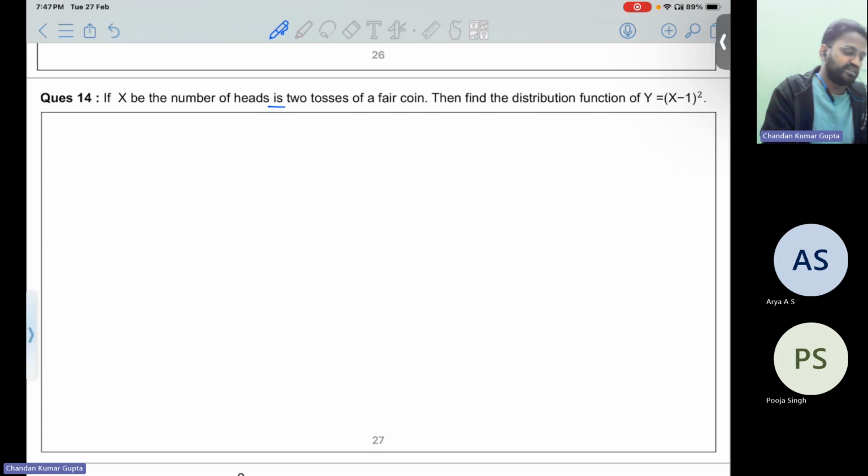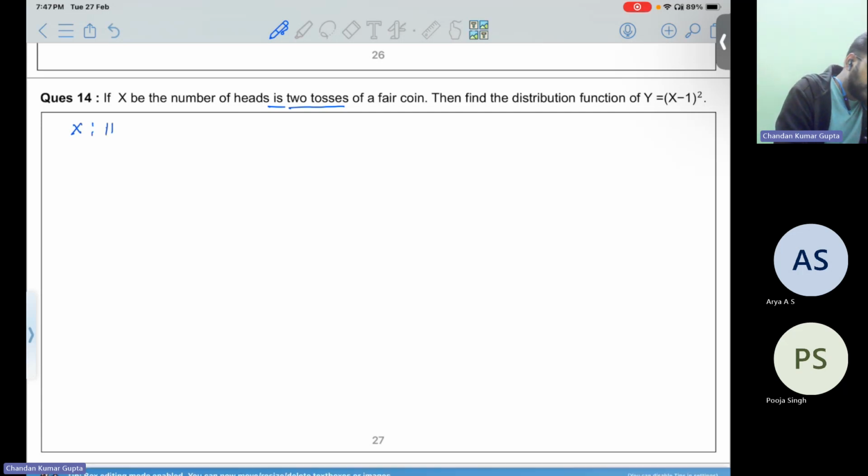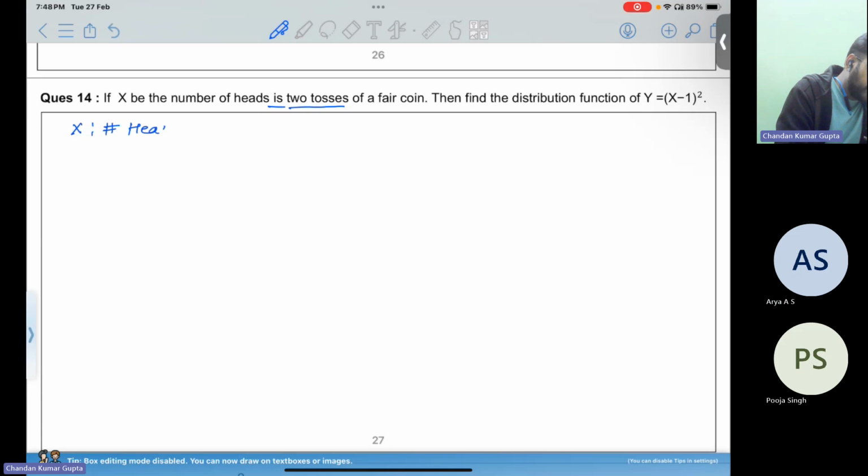So first we will write the distribution, the PMF of x. For two tosses, x will be our random variable, which is the number of heads. So the possible values of x are 0, 1 or 2.